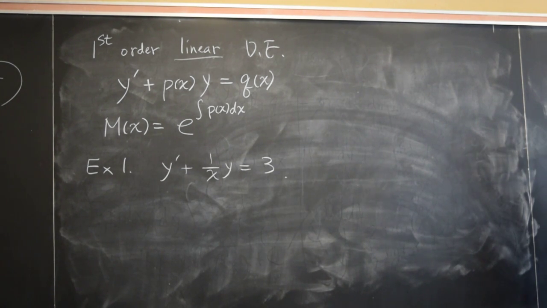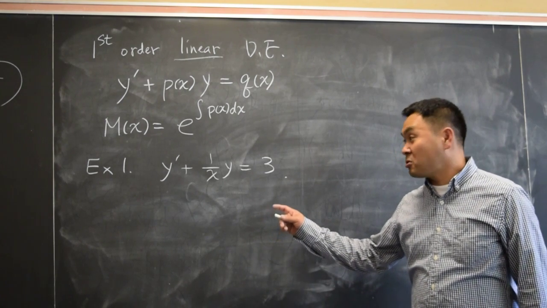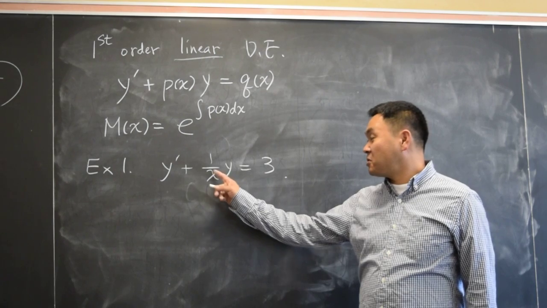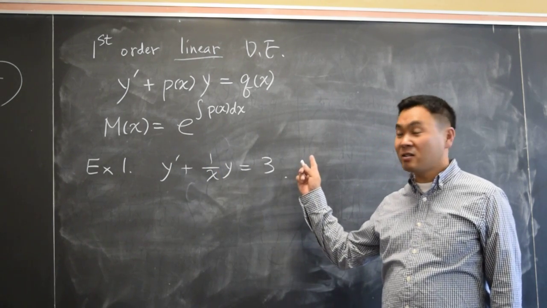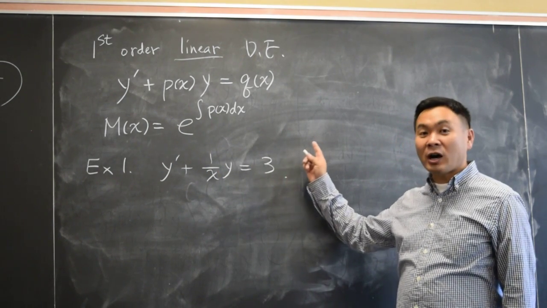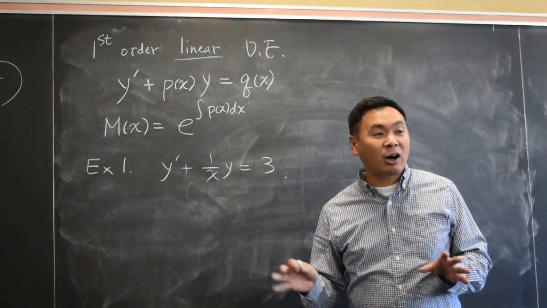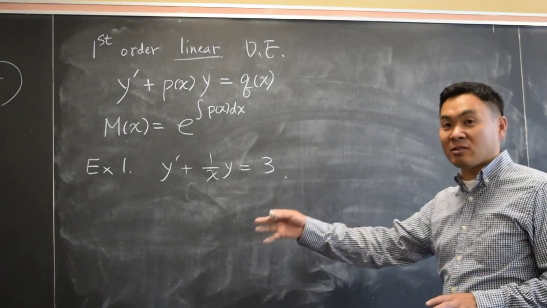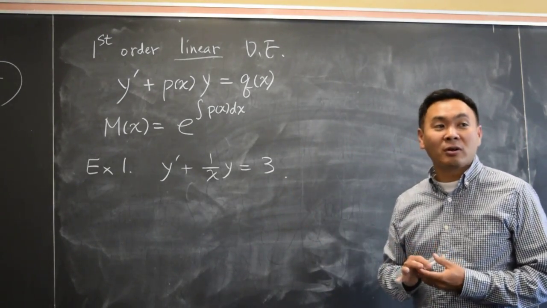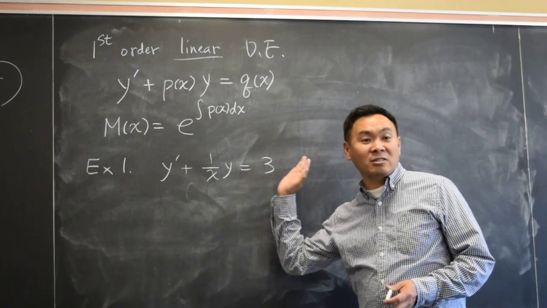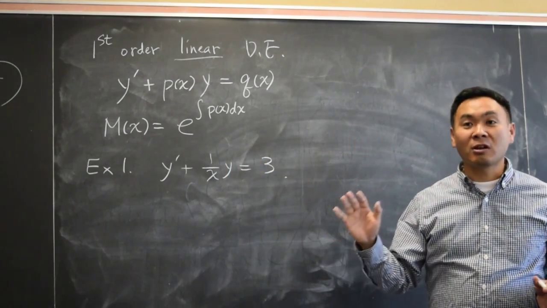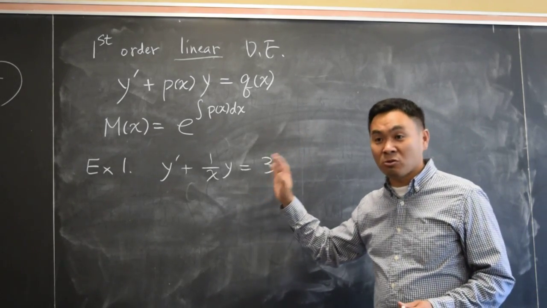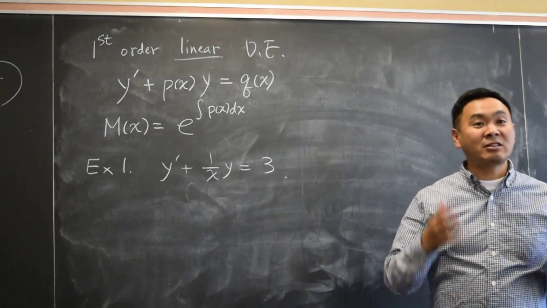The first thing that you have to see is that if you put this term to the other side, you have 3 minus y over x, and no matter how you try, you will see that you can never put that into a function of x times a function of y. So, in other words, this is not a separable differential equation. Therefore, you can't use the method that we learned for solving separable equations. We need a completely different strategy.